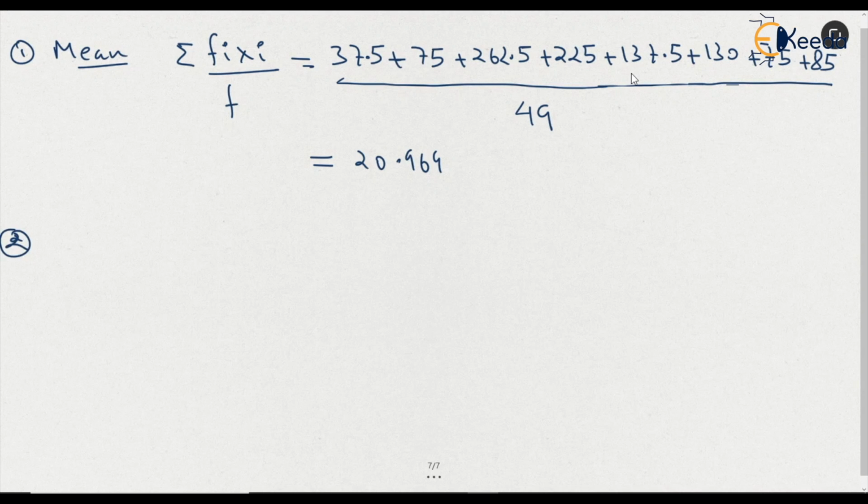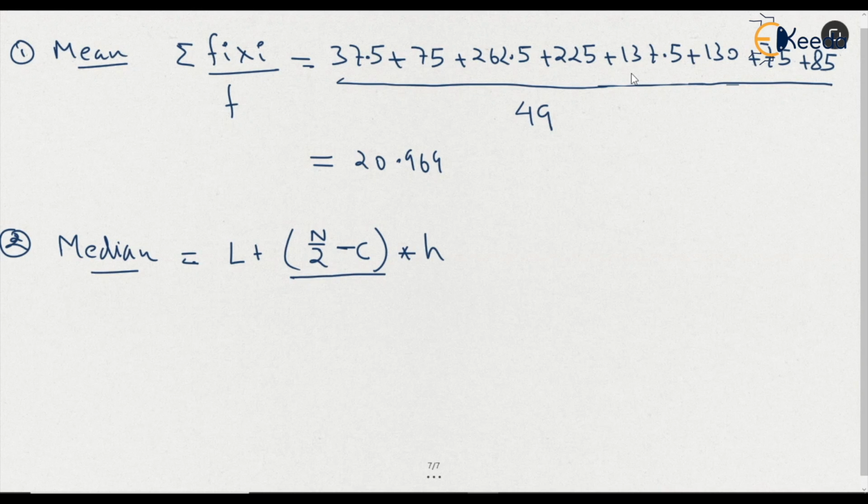The second one is median, and the formula was L plus n by 2 minus C into the width and divided by the frequency of the class.